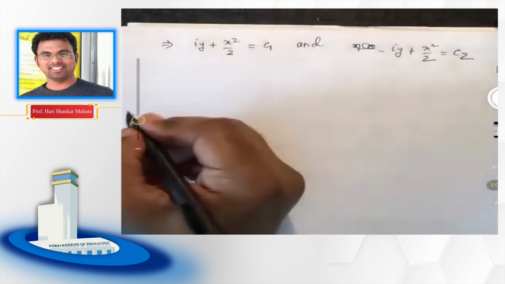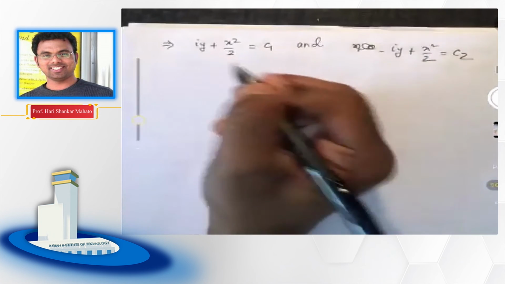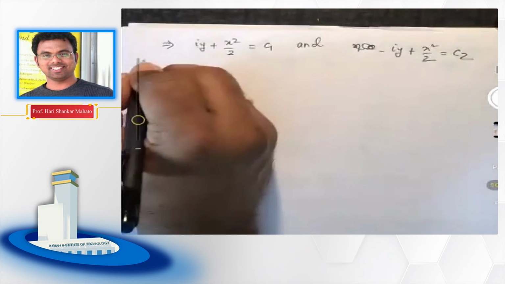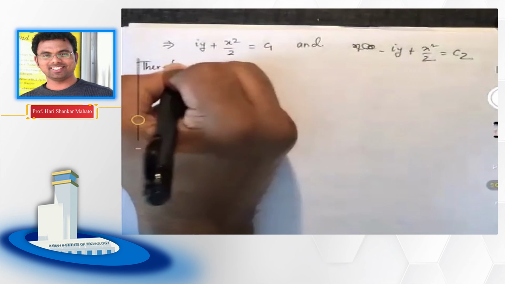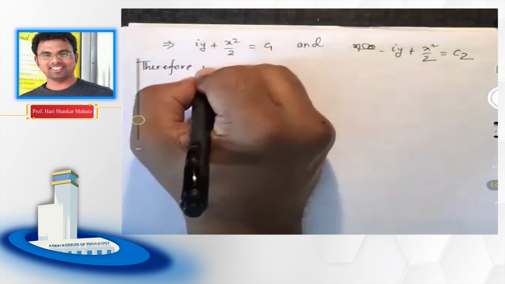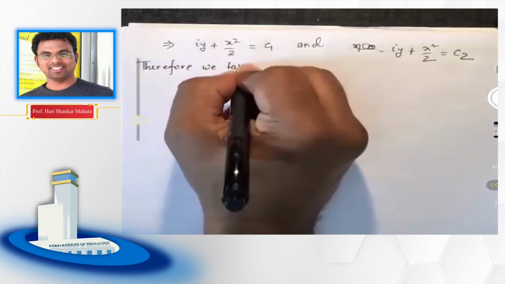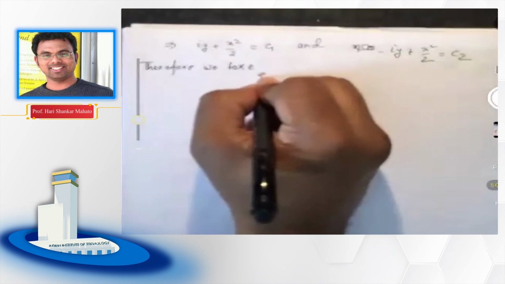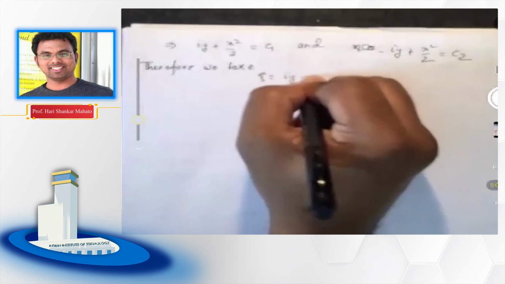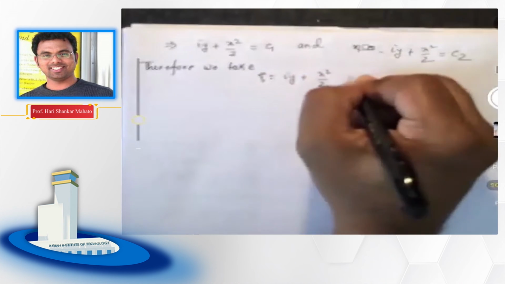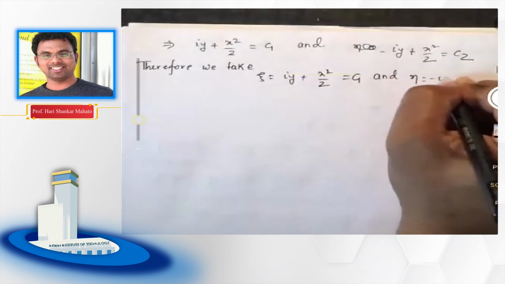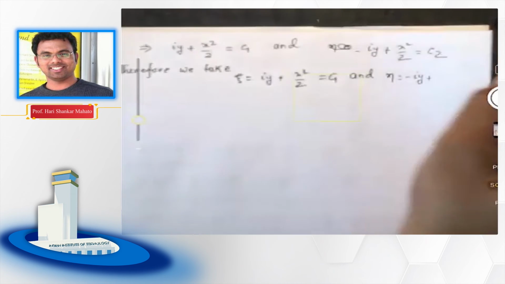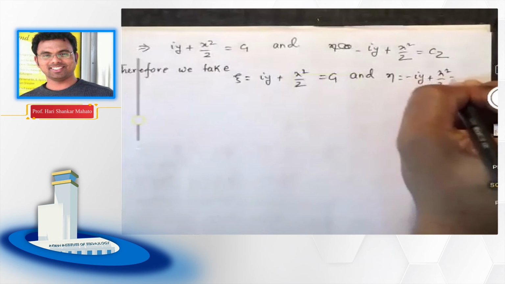So that's that, and therefore we take xi equals iy plus x square by 2 equals c1, and eta equals minus iy plus x square by 2 equals some c2.